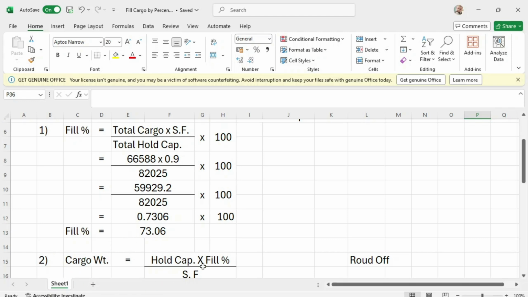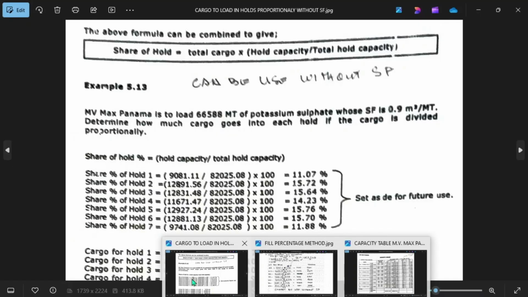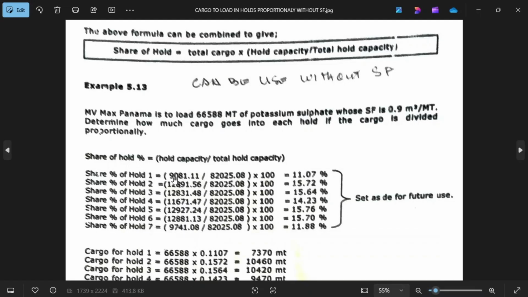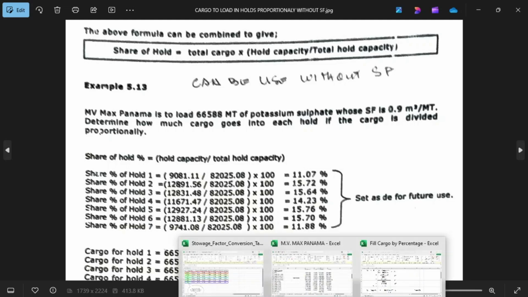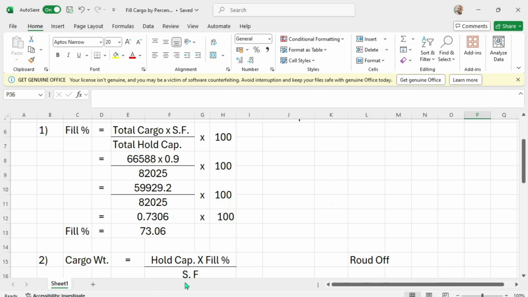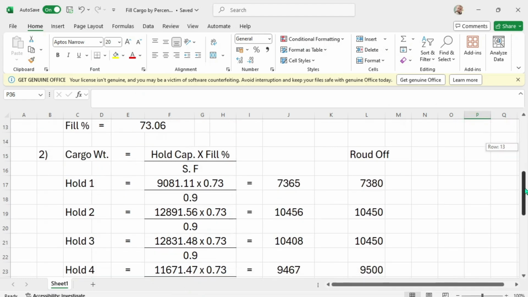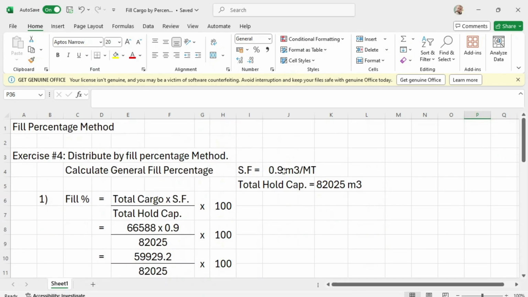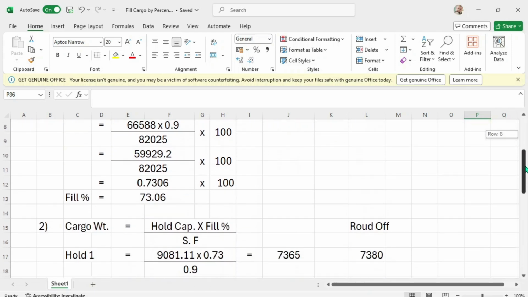For example, in number 1, your hold capacity will be 9081.11 times the percentage, which is 73%, over your stowage factor of 0.9.